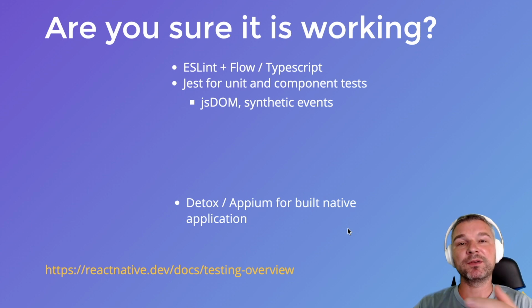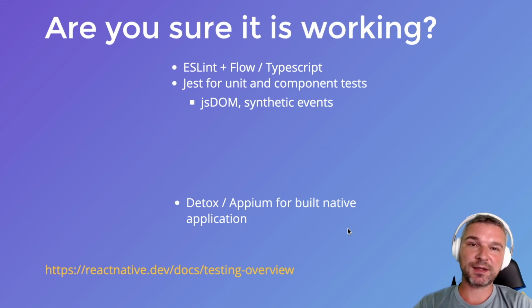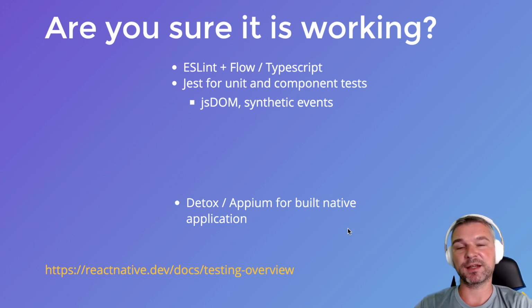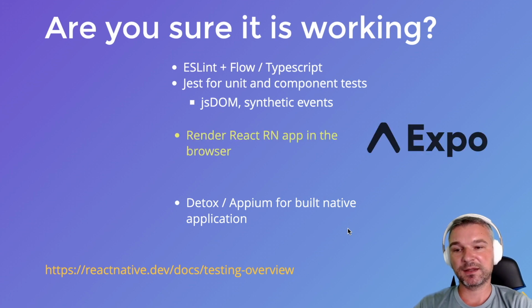But to test the full application, the suggestion is to use an end-to-end test tool that actually works with the converted, exported mobile application, like Detox and Appium. Now, nothing against those tools, but the workflow is kind of slow, and those tools have no visibility into your application.